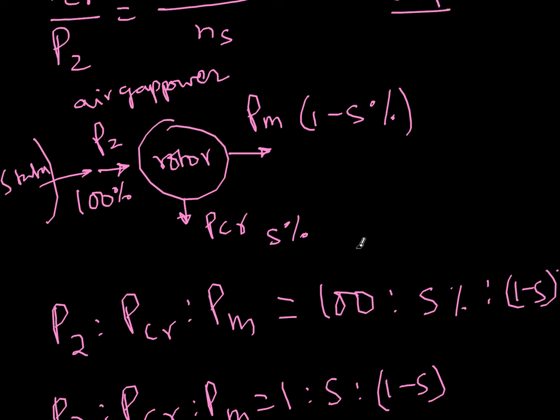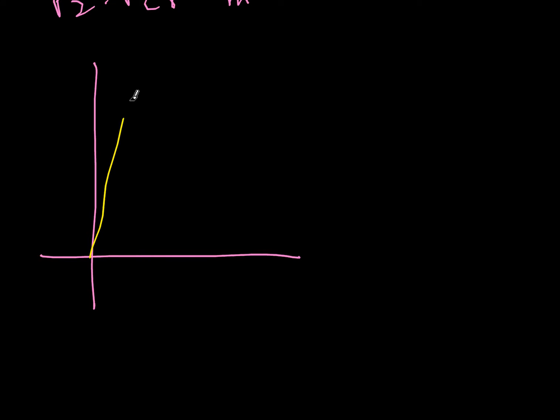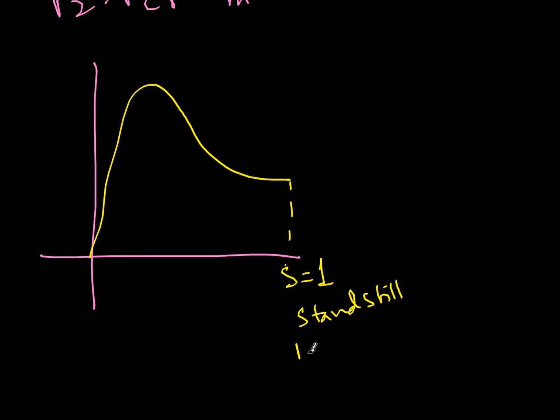Now, a couple of videos back, we had seen the torque slip characteristics. The torque slip characteristics is something like this. This is slip equal to 1, that means rotor is standstill, nr equal to 0, and this is slip equal to 0, that means nr equal to ns, rotor is rotating at the synchronous speed.